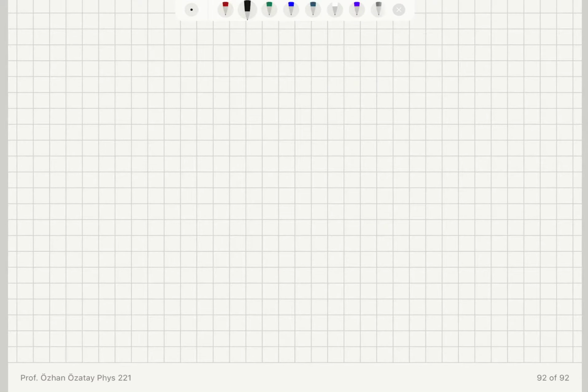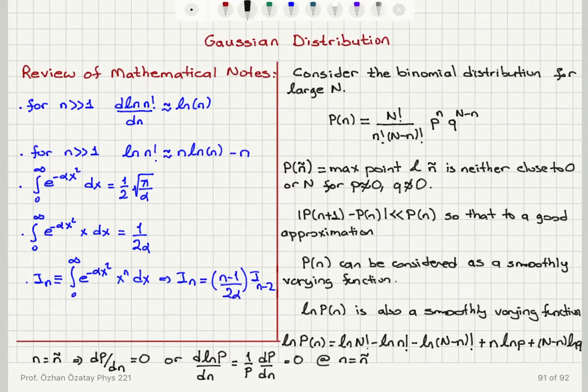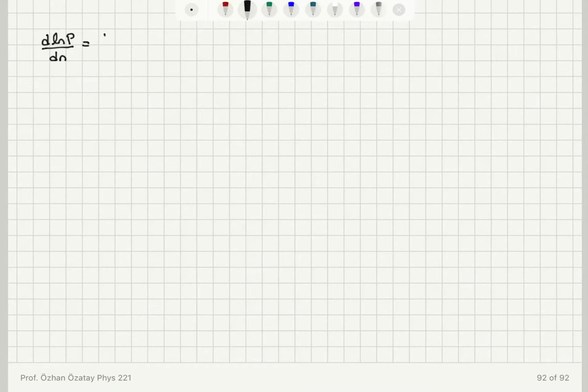Now, let's take a look at this derivative and set it equal to 0. So basically, I would like to find out where this maximum point is. So the derivative of the natural logarithm of P with respect to n. Now the natural logarithm of P is the natural logarithm of capital N factorial. That's the first term. So d natural logarithm of capital N factorial dn. And then I have minus d natural logarithm of n factorial dn.